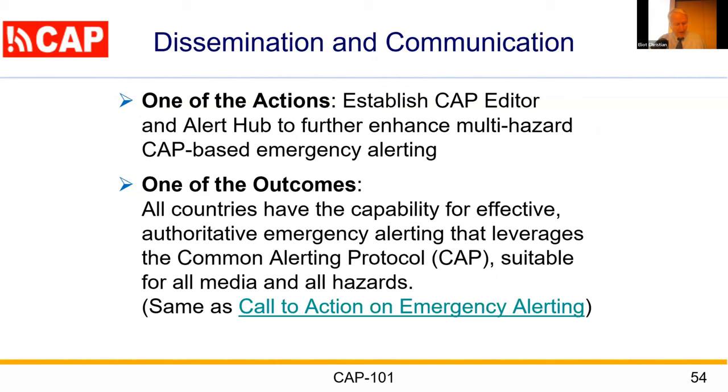The CAP editor freeware, which we'll talk about in the next presentation, is in operational use by 65 countries at this moment, and it's aggregating emergency alerts from 227 CAP feeds. One of the outcomes in the dissemination communication pillar is all countries have the capability for effective authoritative emergency alerts that leverage CAP, suitable for all media and all hazards. That's the exact quote of the call to action on emergency alerting. So it's just parroting the thing we already had agreed.